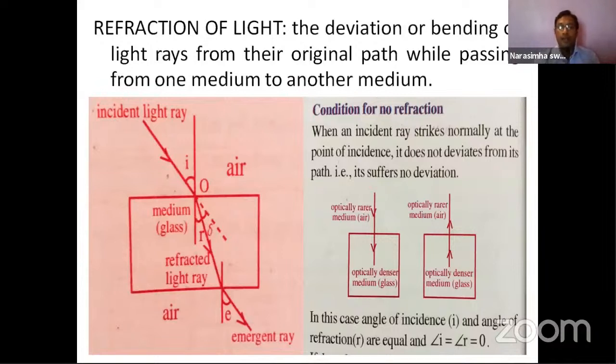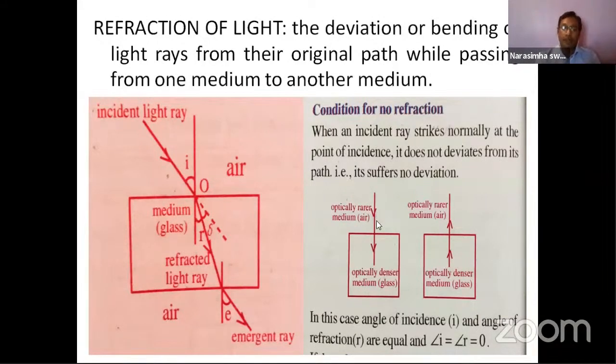When the light ray strikes normally at the point of incidence, normally means perpendicular to the surface, it does not deviate from its path. That is, it suffers no deviation.